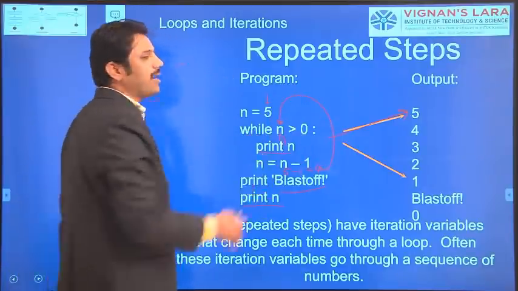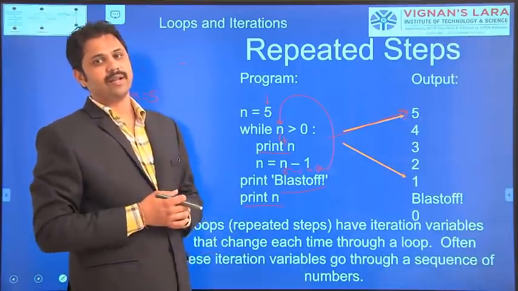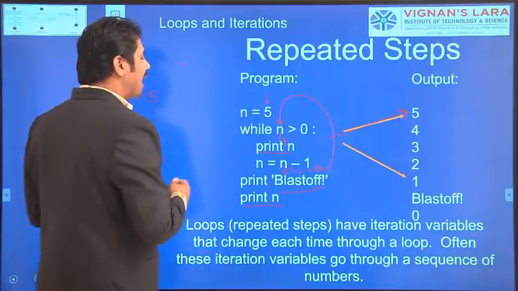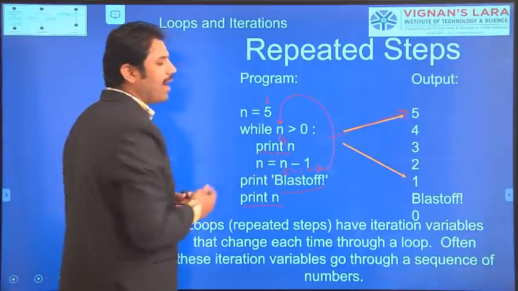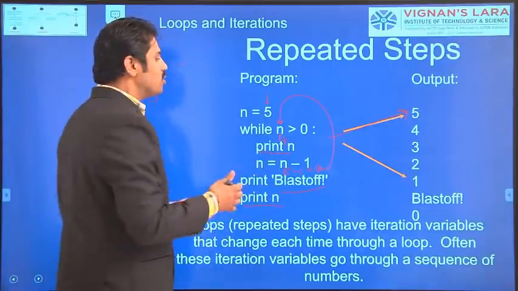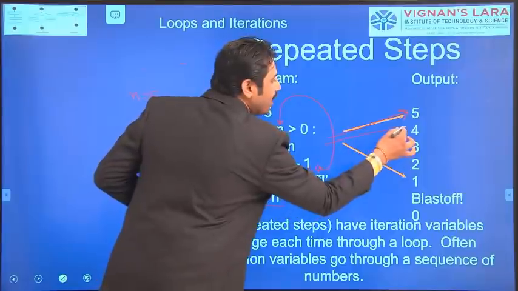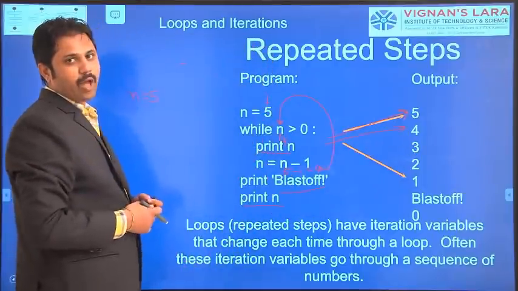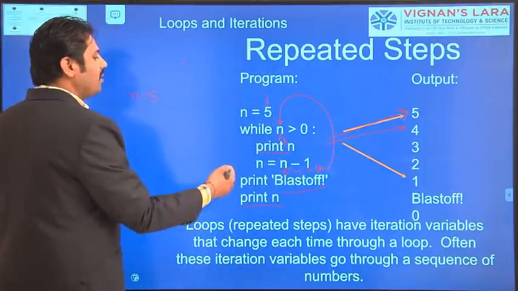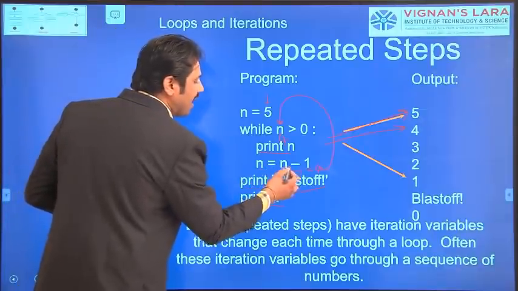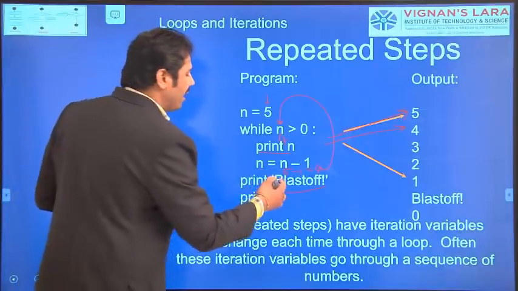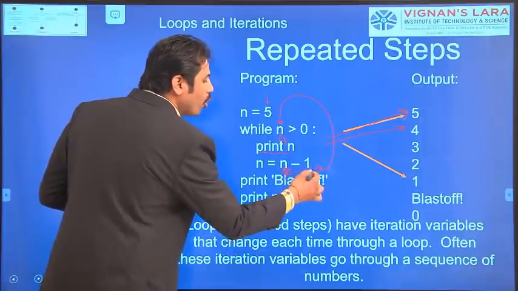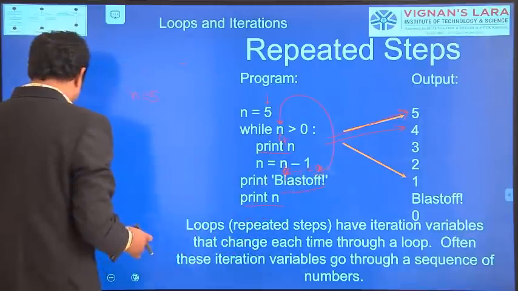Is 4 greater than 0? Yes, it is true. Then in this case, print n. What is n? Again 4, so it prints 4. Output is 4. Again the statement n equals n minus 1: now n is 4, and 4 minus 1 equals 3.